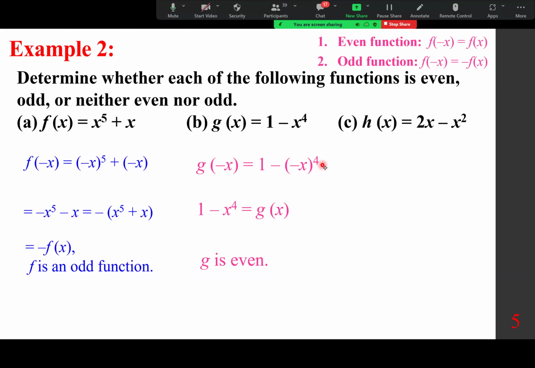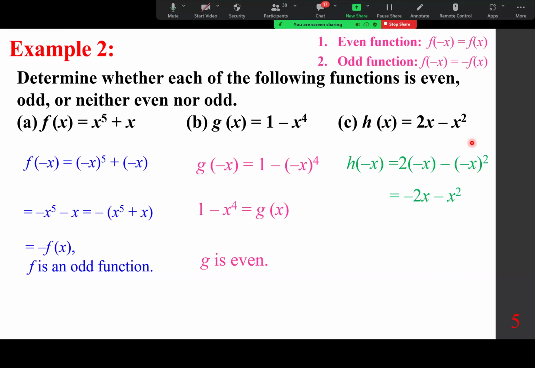What about part C? We plug in minus x in the same manner. And we observe. So what happens? This is minus 2x. This is minus. This remains unchanged as x squared. Is this the same as original function h of x?